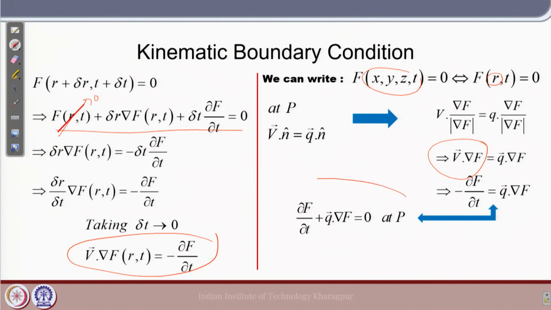It is nothing but the material derivative equal to 0. This is the kinematic boundary condition.